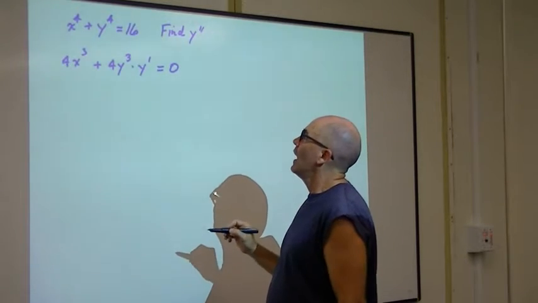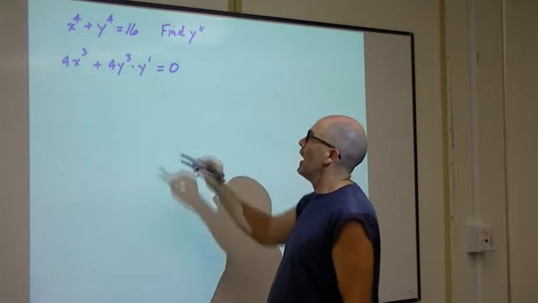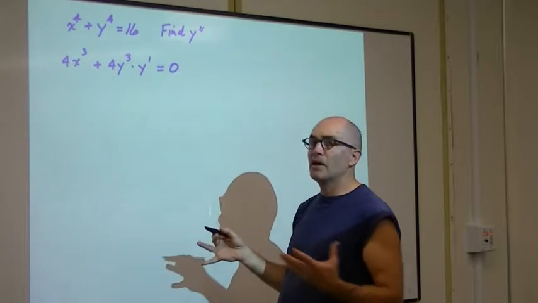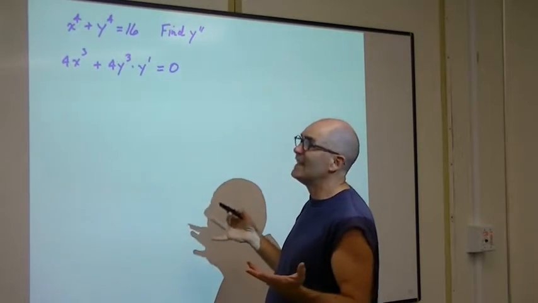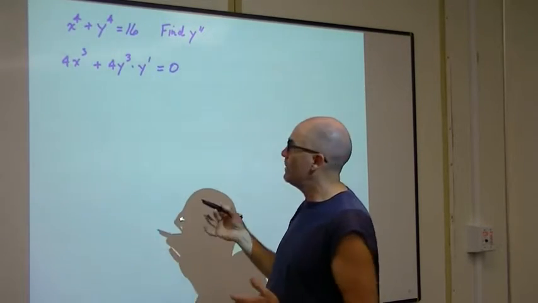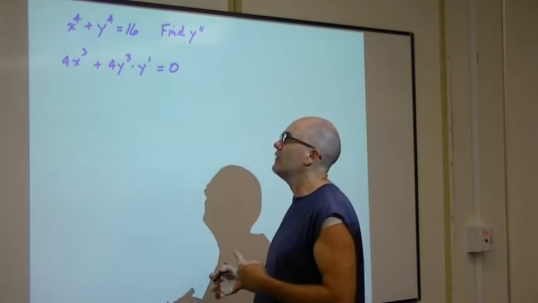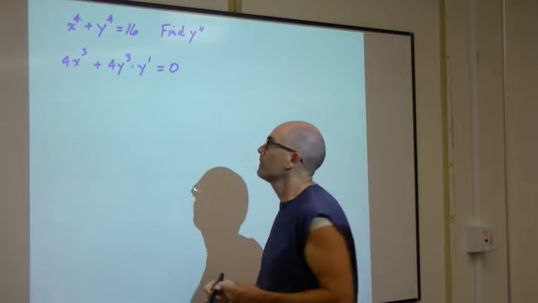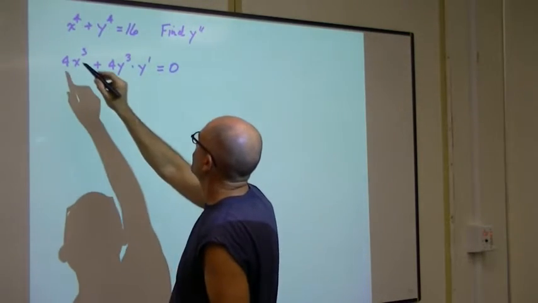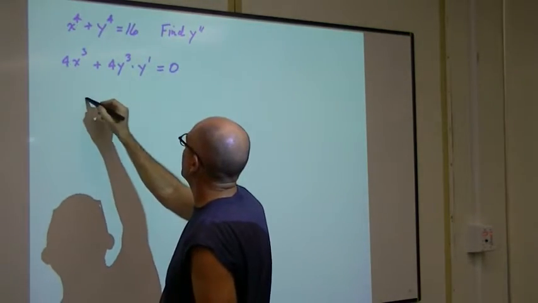All right, now, I'm looking for the second derivative. I only have some function with the first derivative in it. I better get y prime by itself, and then I can take that derivative. Okay, so we're going to toss our 4x cubed over the other side.